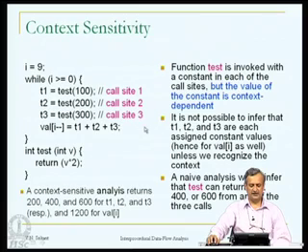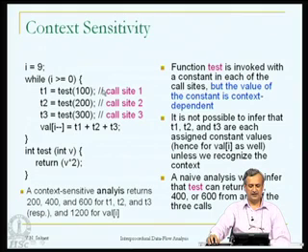If we do the analysis carefully, let us see how we do a careless or careful analysis. Function test is invoked with a constant in each of the call sites, that is very clear: 100, 200, 300. But the value of the constant is context dependent.